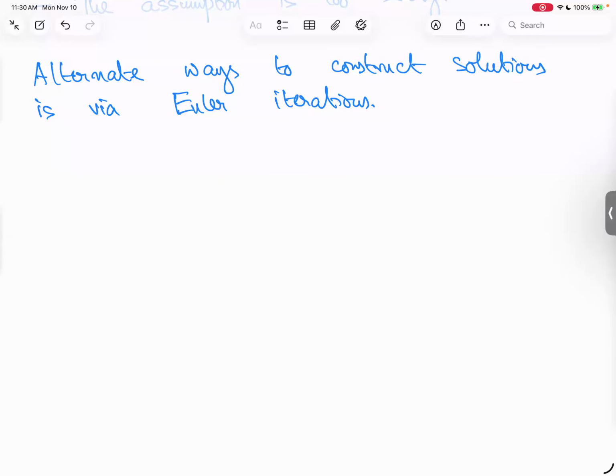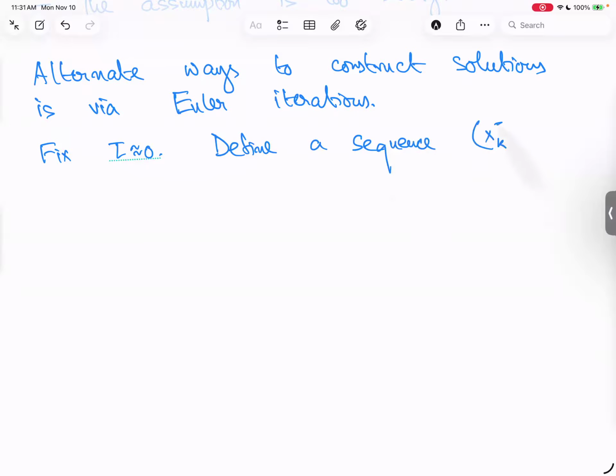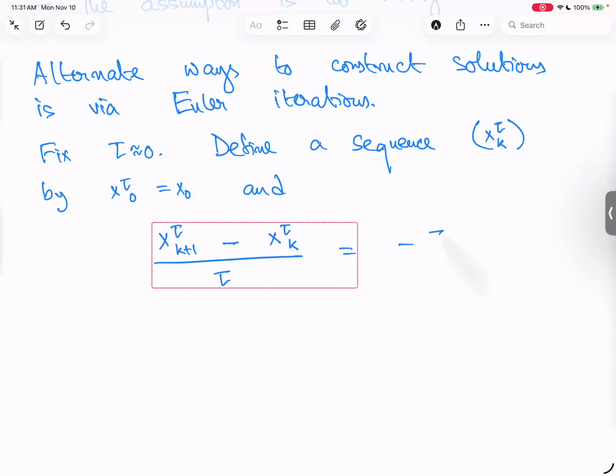So to construct our iterations, we fix a time step tau, and define a sequence x_k^tau by: x_0^tau is x0, and (x_{k+1}^tau minus x_k^tau) divided by tau is equal to minus gradient of phi of y for some suitable y.